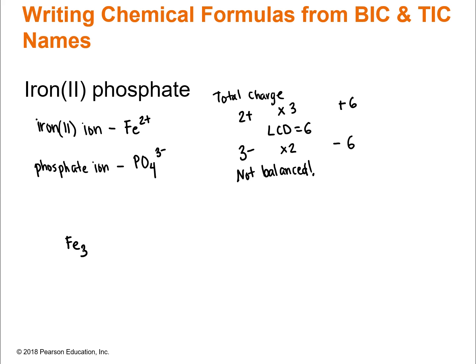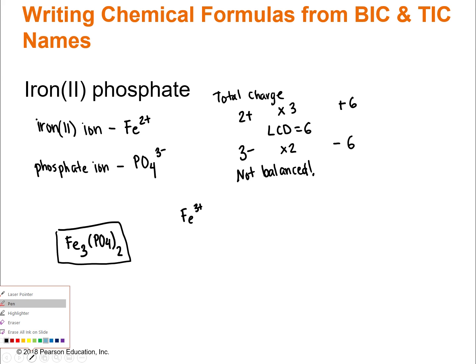So we have 3 iron 2 ions and 2 phosphate ions. And to show you, where you just take the charges of the different ions, I'll write that out too.